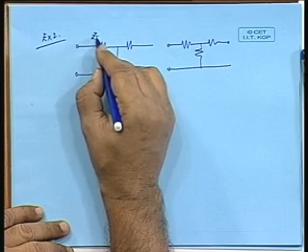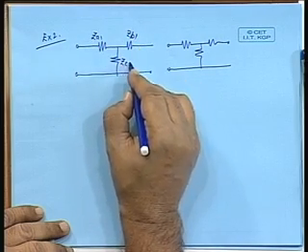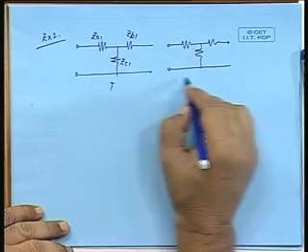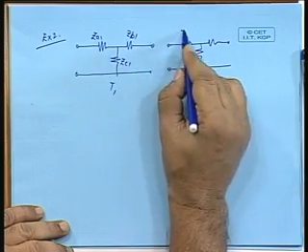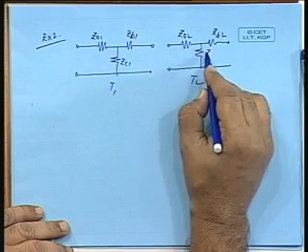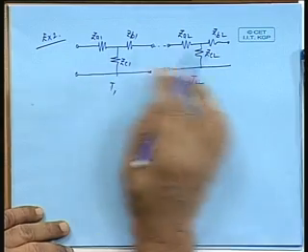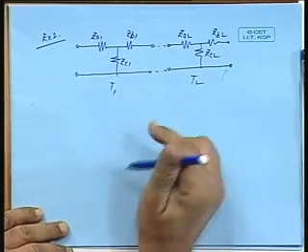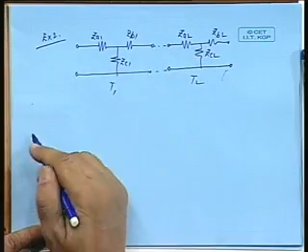This is ZA1, ZB1, ZC1 cascaded with ZA2, ZB2 and ZC2. What will be the total ABCD parameters of the total combination? What will be the ABCD parameter of this total combination?